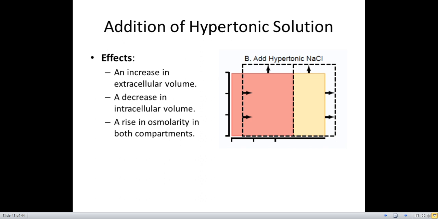Effects of addition of hypertonic solution will include an increase in the extracellular volume, a decrease in intracellular volume, and a rise in osmolarity in both compartments.